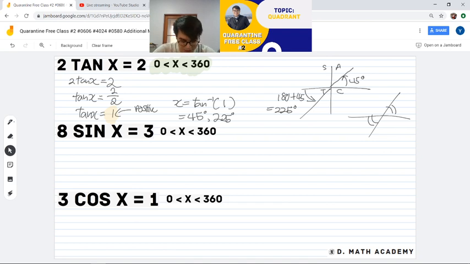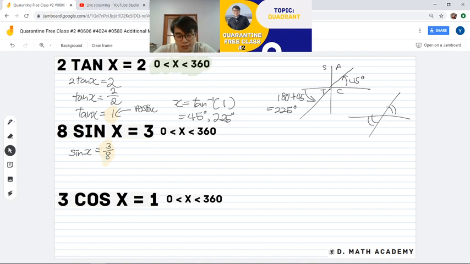Since nobody responded to me, I'm just gonna continue to go through the examples that I have over here. So moving on to the next question, we have 8 sine x equals to 3. As per usual, I first sort out by getting rid of the 8. So I got sine x equals to 3 over 8. Then I'm gonna check on the result.